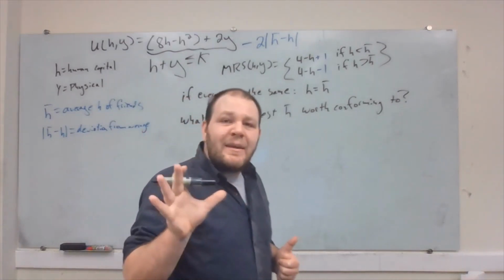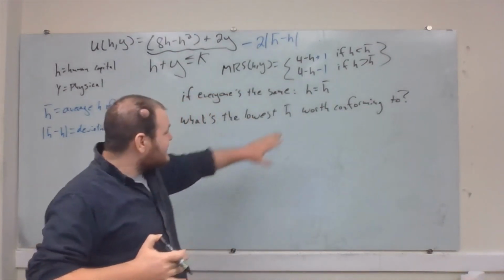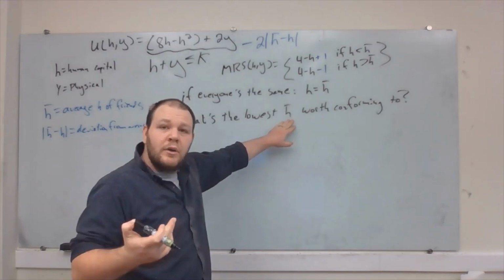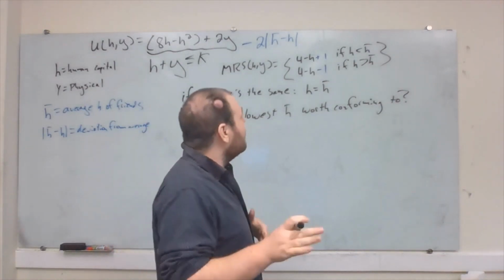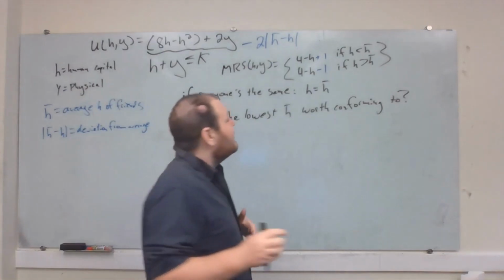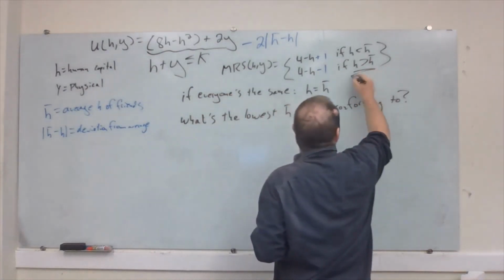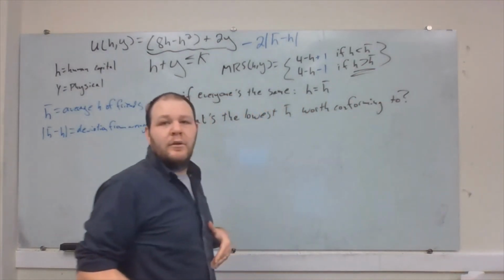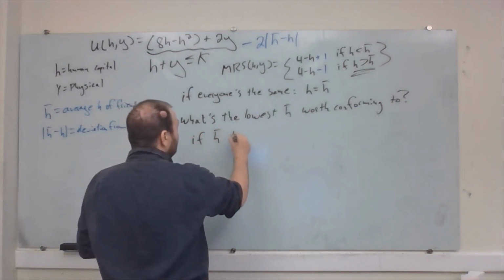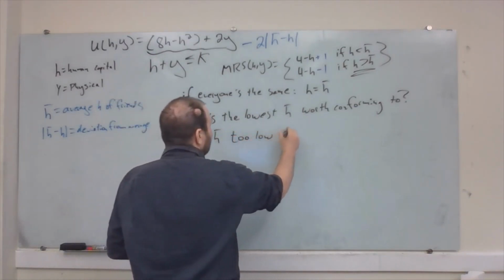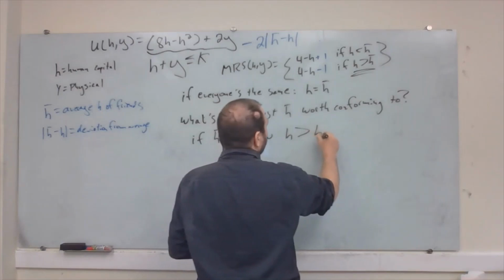So the way we can think about this is we can say, if we had some h bar so low, right, everybody else jumped off a bridge and you decide not to do it, so low that you're not willing to conform, then you would end up choosing h greater than h bar. If h bar is too low, then h has to be greater than h bar.